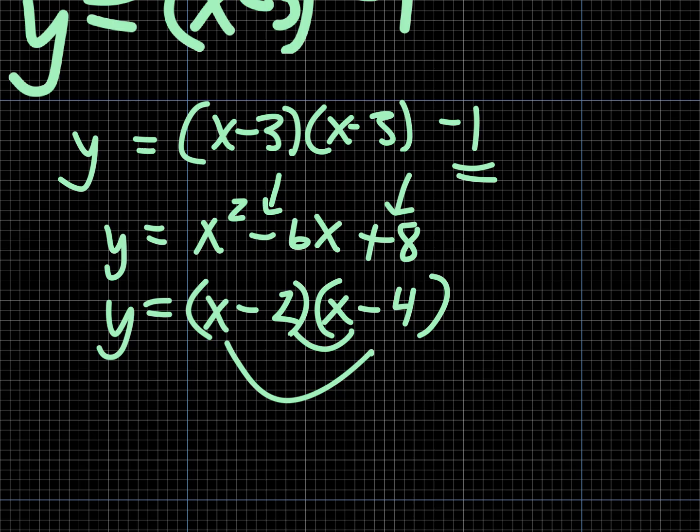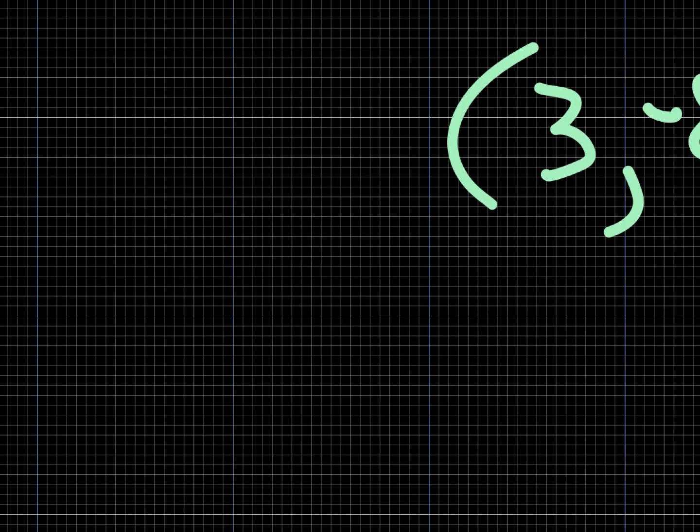Okay, what else do you have to know? So many things, unfortunately. I'm going to give you another one where I want you to figure out the equation for it.